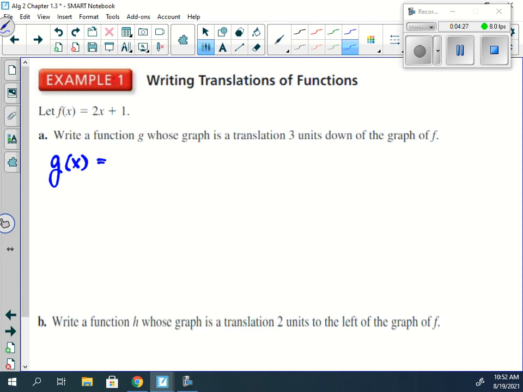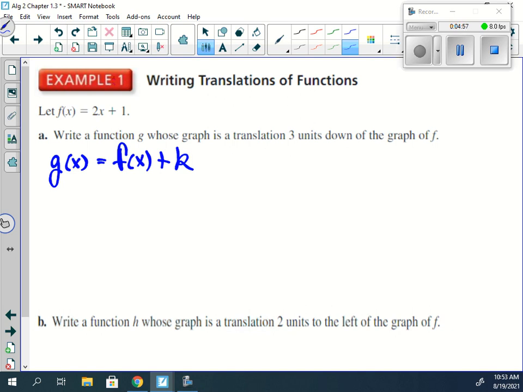Now this function here is a translation 3 units down. Would this be horizontal or vertical? Vertical, because up and down is vertical. So our vertical general statement was f of x plus k, where k is the amount of movement we're doing up or down.